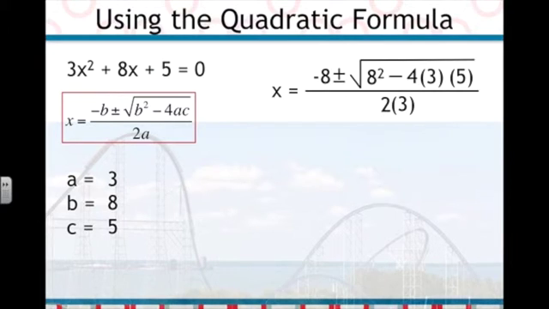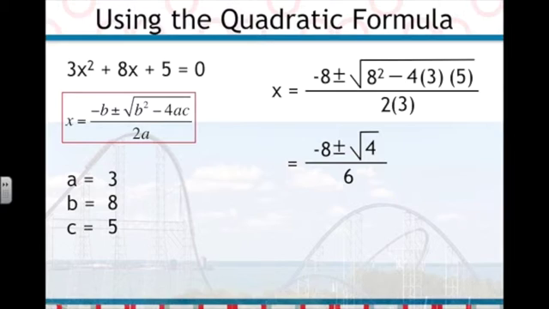Now that we have all the proper values in place, all we need to do is simplify. First, let's simplify what's in the square root. 8 squared is 64, and 4 times 3 times 5 is 12 times 5, which equals 60. So we have the square root of 64 minus 60, which is the square root of 4.